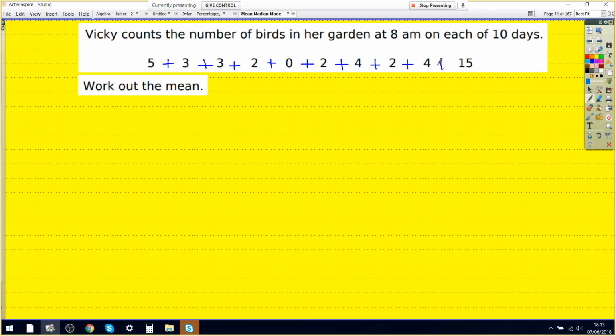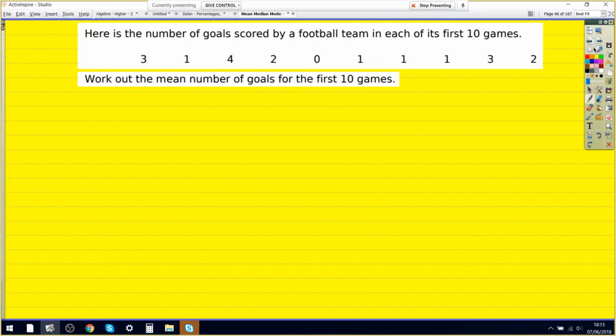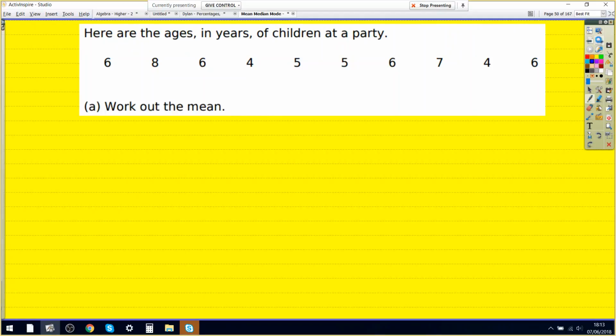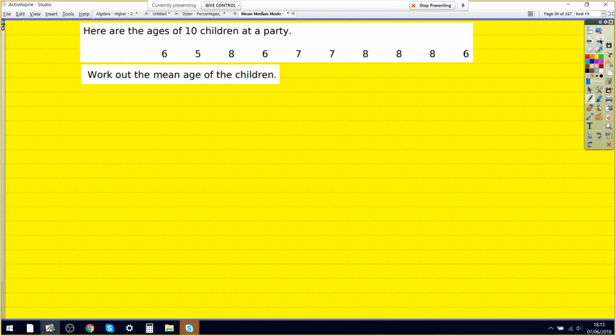Correct. Some students will see that one of the days is 0, so they'll say, oh, that doesn't count, you divide by 9. But no, you divide by 10 because that's one of the days. So if one is 0, that'll just bring the average down, which it should. These will all be the same. Work out the mean. Very common exam question.